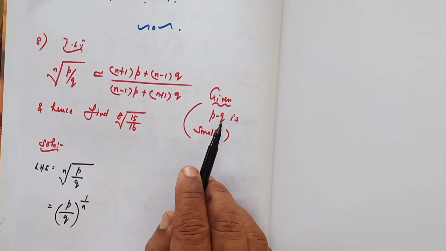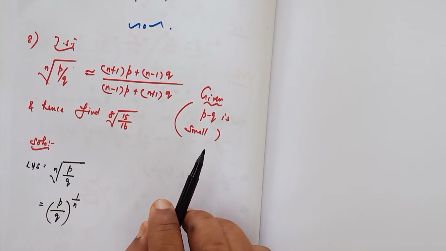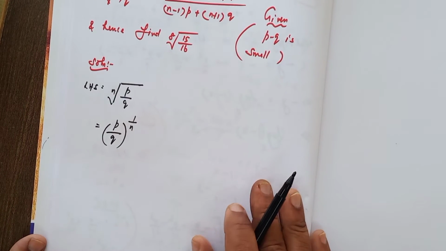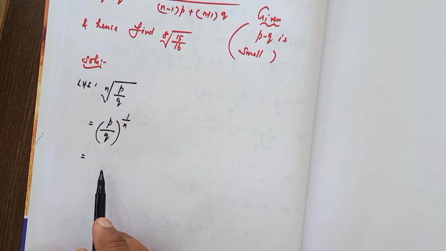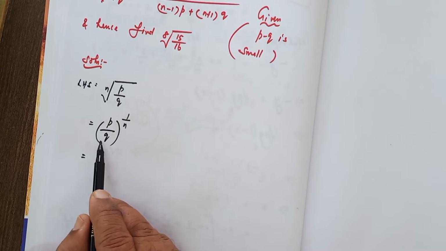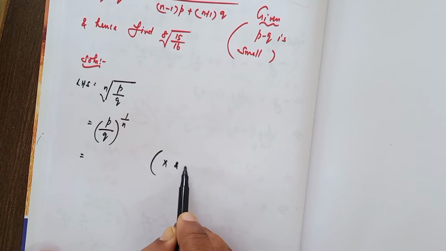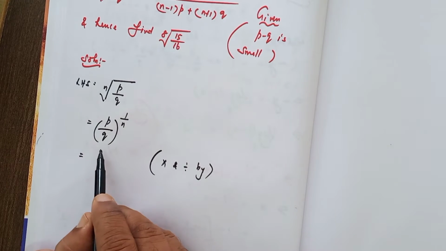Since p minus q is small, definitely p minus q must be in the numerator. For that we have to do some modification here for getting the term p minus q. Now multiply and divide by 2, the numerator as well as the denominator.